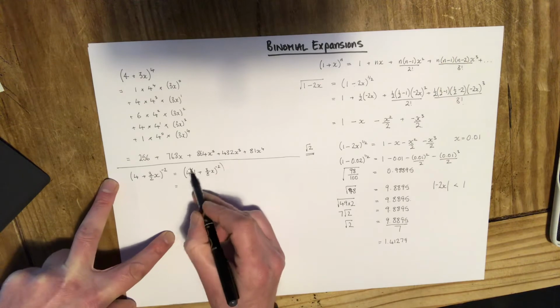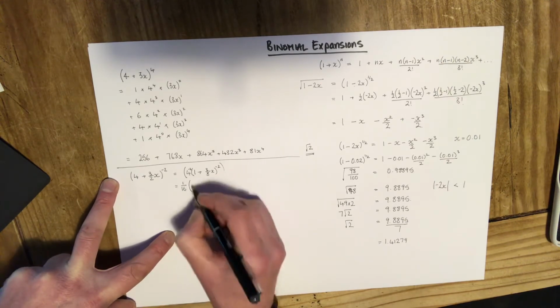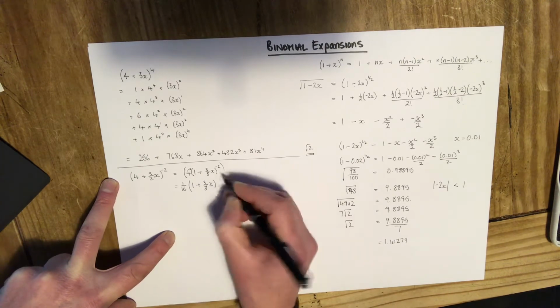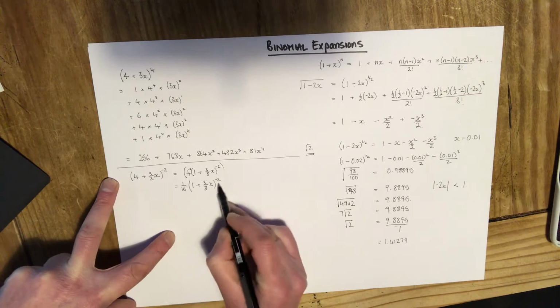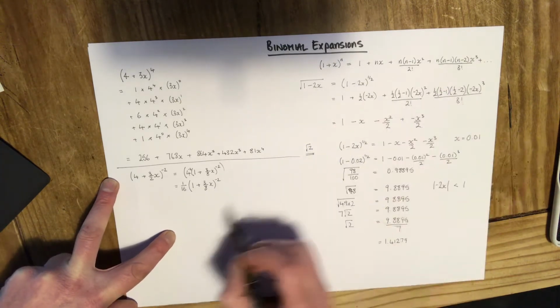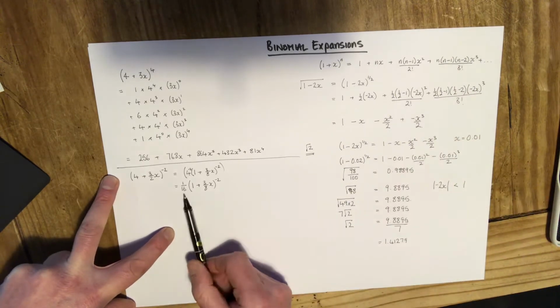So let's just tidy this up a bit. This becomes 1 over 16, and now I've got an expression here which I can expand using the binomial expansion. And what I need to do is then just multiply my whole answer by a 16th.